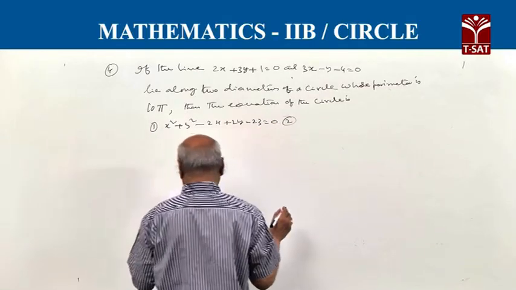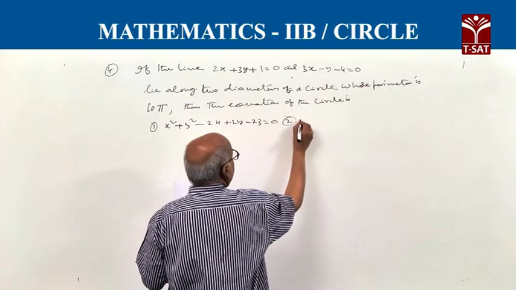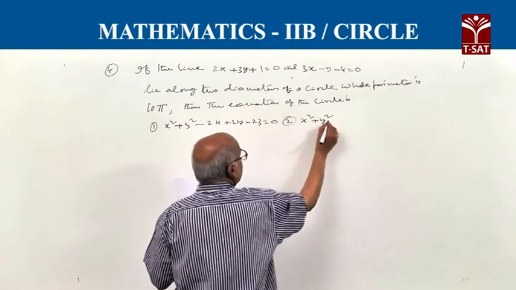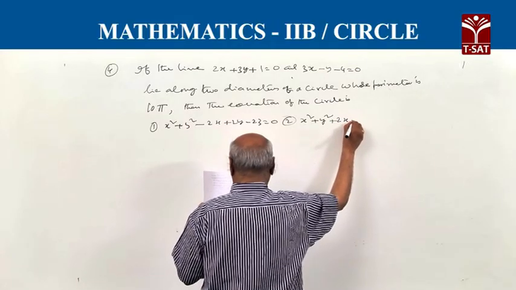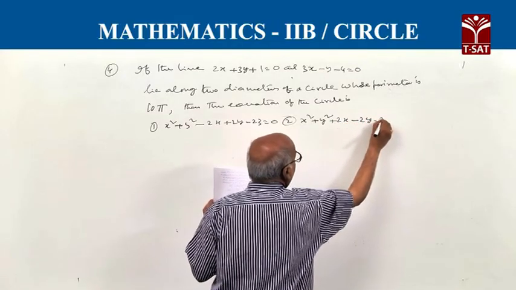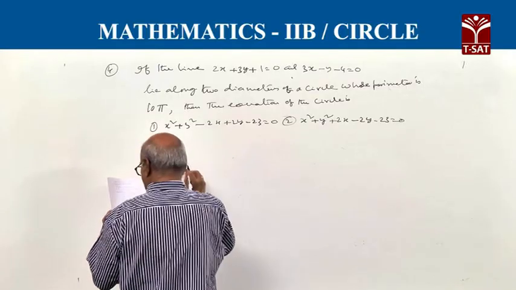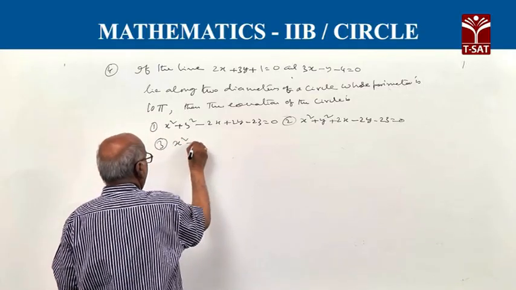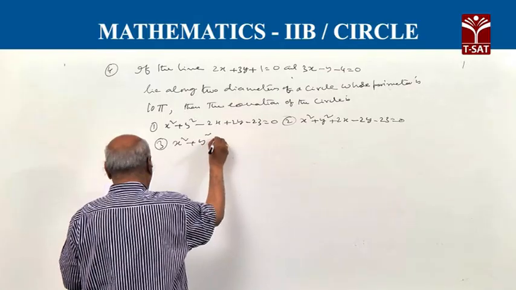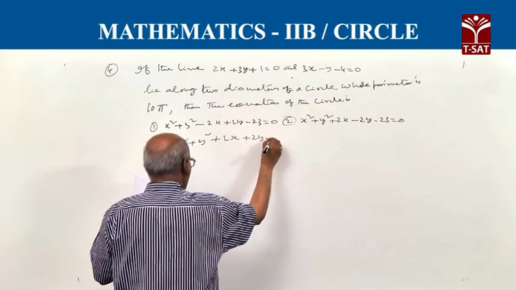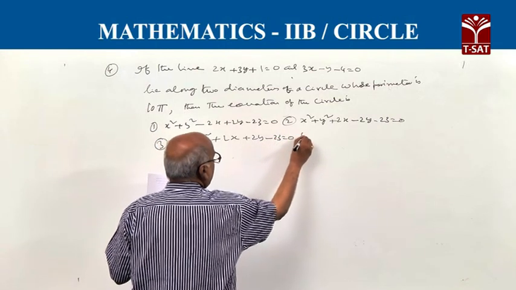Number 2, x square plus y square plus 2x minus 2y minus 23 equal to 0. Number 3, x square plus y square plus 2x plus 2y minus 23 equal to 0.